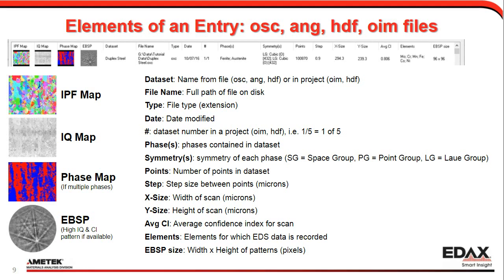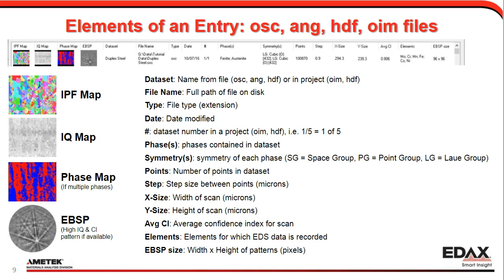It will show an IPF map, an IQ map, and a phase map, if there are multiple phases. And it will also show, it goes through the software now and finds a pattern with a high IQ and a high CI, if there's patterns available in the data set, and shows that pattern as well.